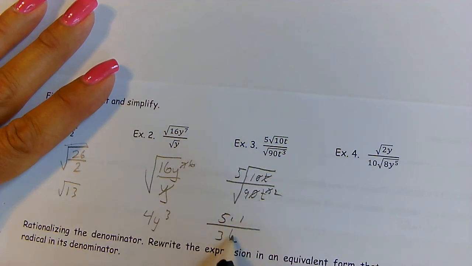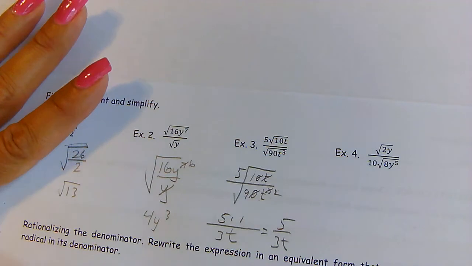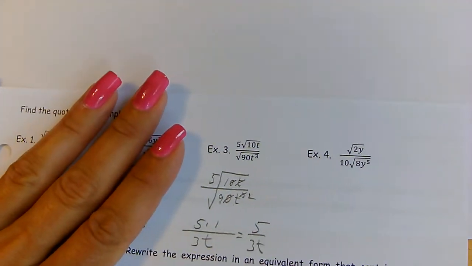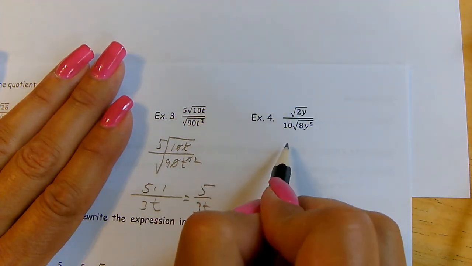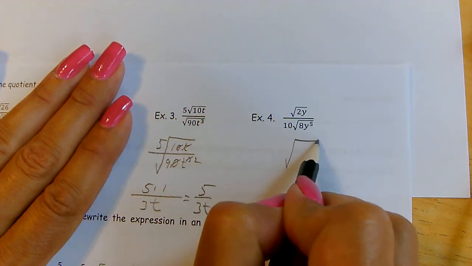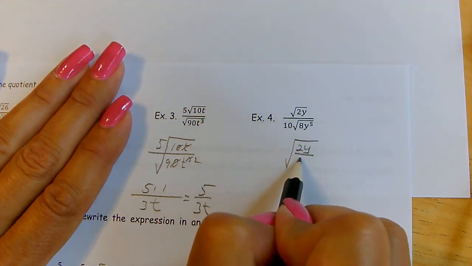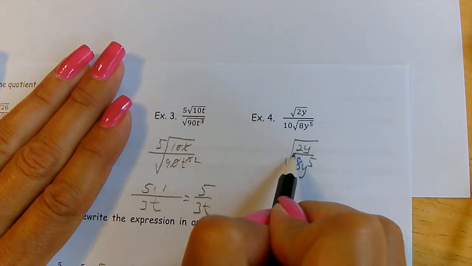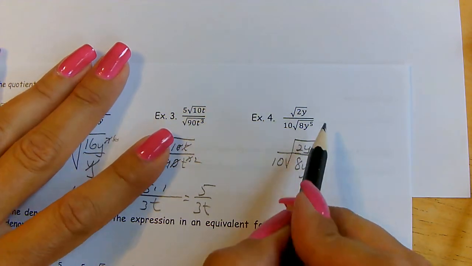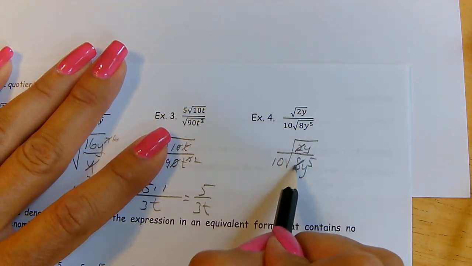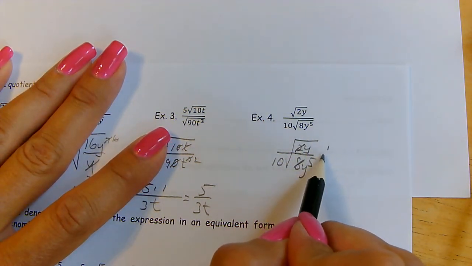T squared will just be t, so it's 5 over 3t. That's 1/4.